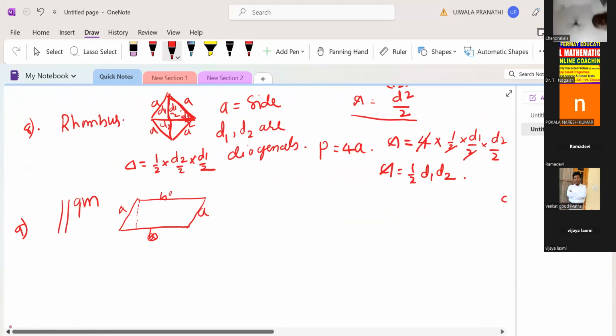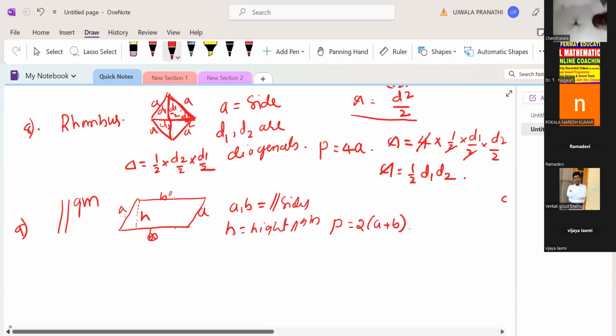In the nomenclature, A, B are the parallel sides. B is one side and A is the other side. Here H is the height of the parallelogram. For this parallelogram, the perimeter is B plus B, 2B, A plus A, 2A, so 2 of A plus B.